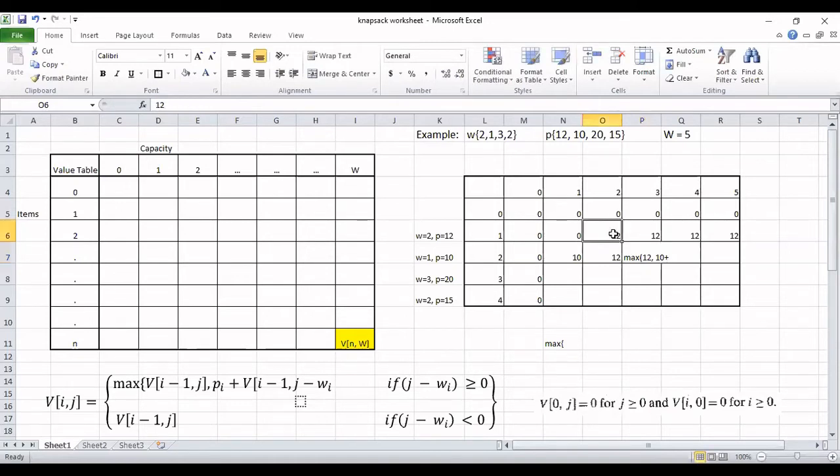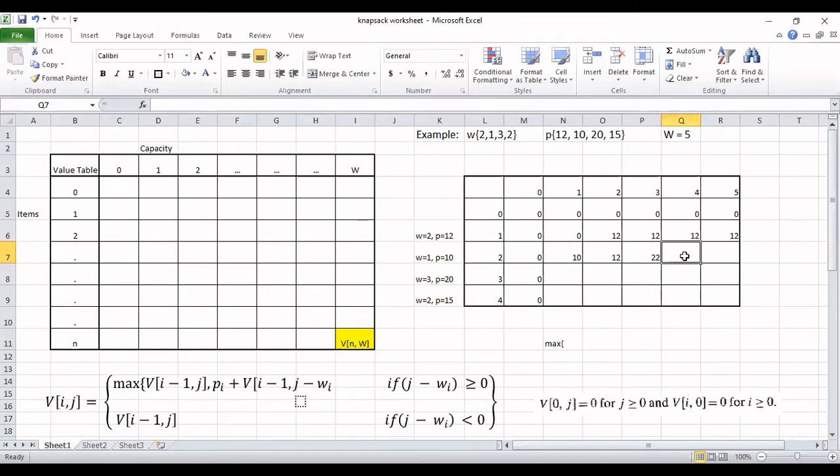So our profit becomes 22. That is 12 comma 22, and 22 is the largest. So we can take this profit as 22. Simple.